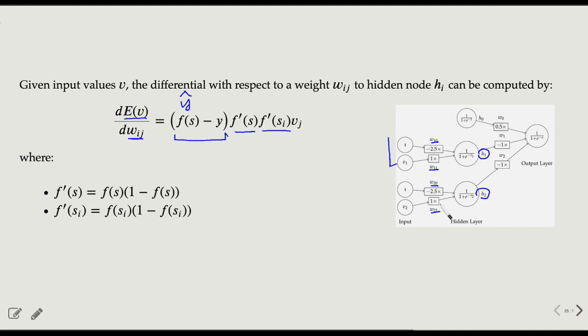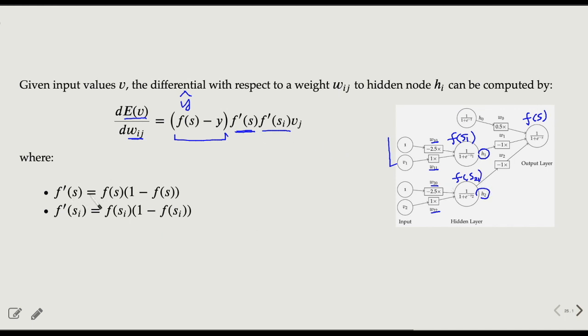F(S) is the function at the output layer, and F(Si) is the function for the hidden layer, which can be F(S1) for hidden node 1 and F(S2) for hidden node 2.